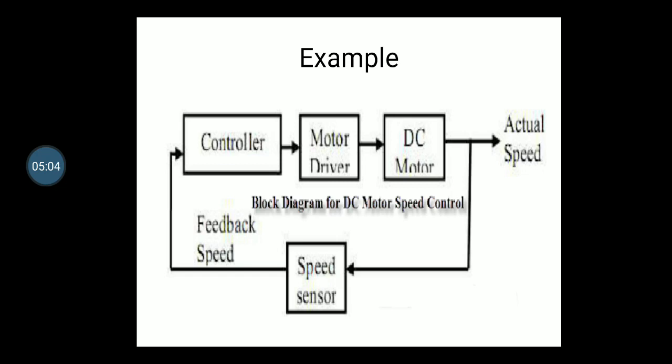So that signal is again given to the motor driver, and motor driver will receive that signal, and that signal is again fed to the DC motor. Now what will happen? DC motor will see that yes, we need 100 more, so it will increase its speed more, right? And again that will be fed back to the speed sensor, and this process will continue till the actual speed is 1200. As soon as we get the 1200 speed, the sensor will sense that speed and give it to the controller.